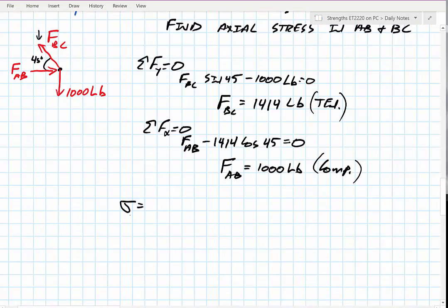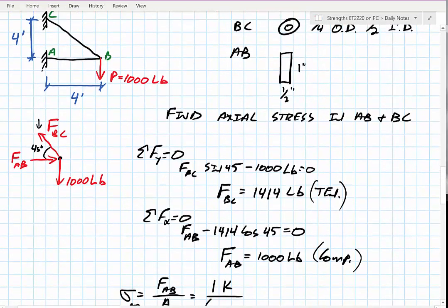When we come to the stress then, we know stress is equal to P over A. So for AB, we'd have the force in AB over the area of AB. So the force being 1,000 pounds. Actually, I told you let's use kip, so let's go ahead and do it. So we're going to have 1 kip force over cross-sectional area.